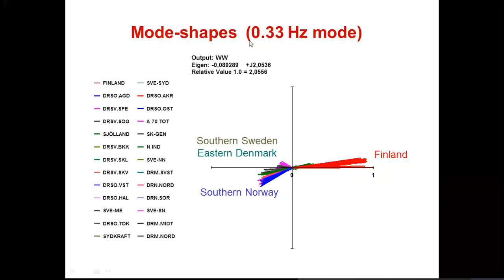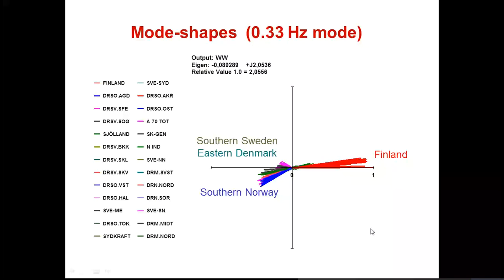So this is the mode shape between the generators located in Finland, southern Norway and even southern Sweden. They are all together in phase opposition, and this is an inter-area mode that we observe in the system here. This all indicates the generators; these are actually the names of the generators.